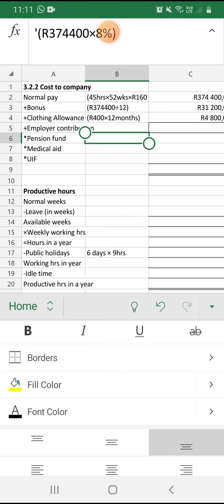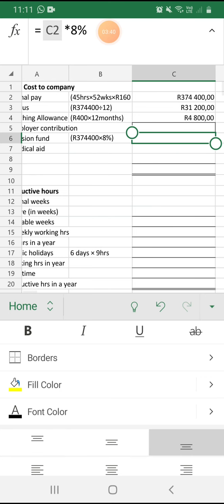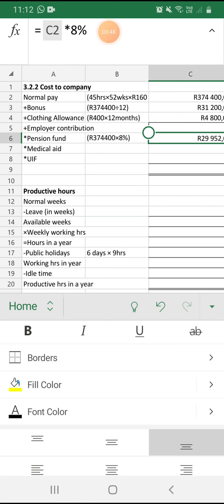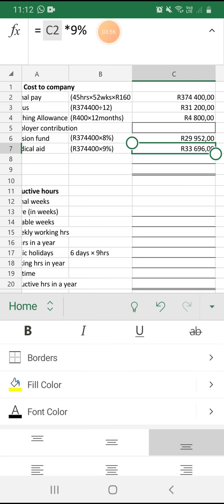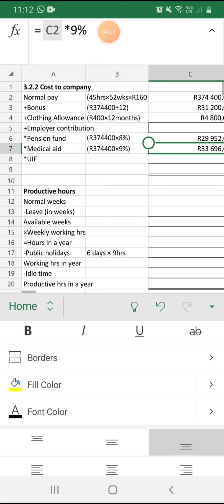Therefore, it is 8% of the normal pay, which will give you 29,952 employer contribution to the pension fund. We also had medical aid. Medical aid was at 9% of the normal pay. Therefore, that will give you a total of 33,696 employer contribution to the medical aid.